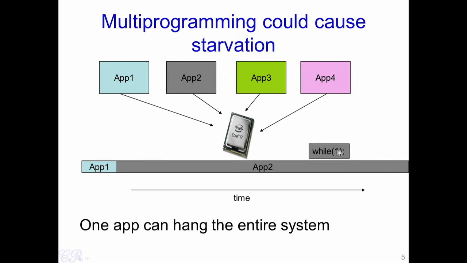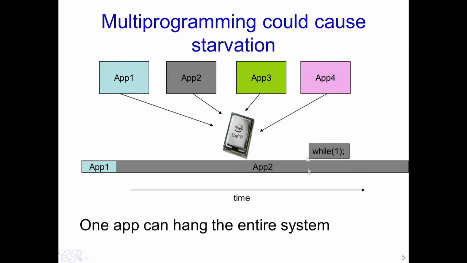So, while(1) would continue to execute infinitely. As a result, app 2 will never stop; it will keep executing and holding on to the CPU. Due to this, other applications such as app 3, app 4 and app 1, once it has obtained the event, will never be able to run.